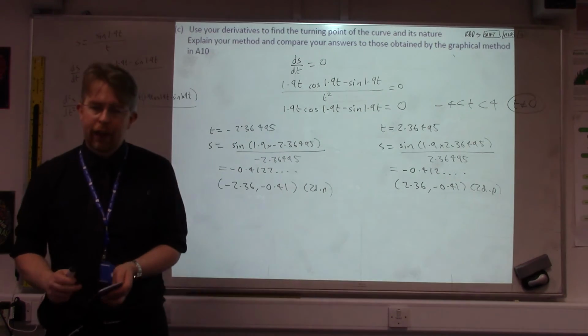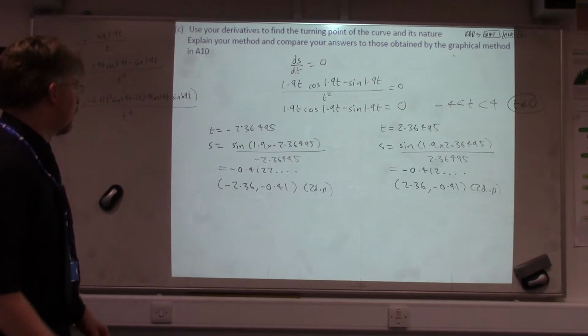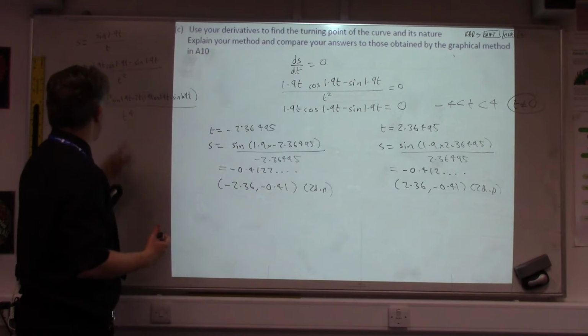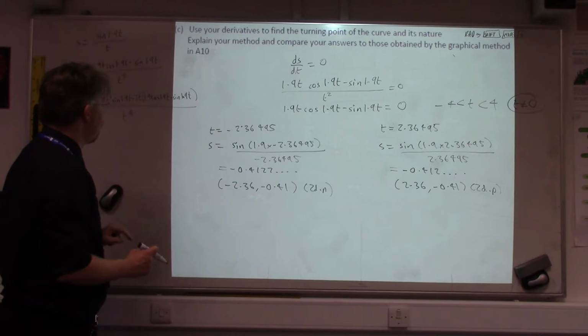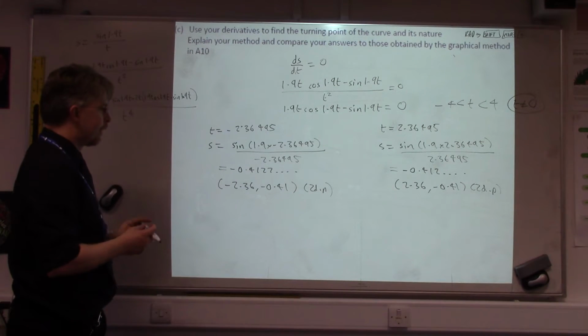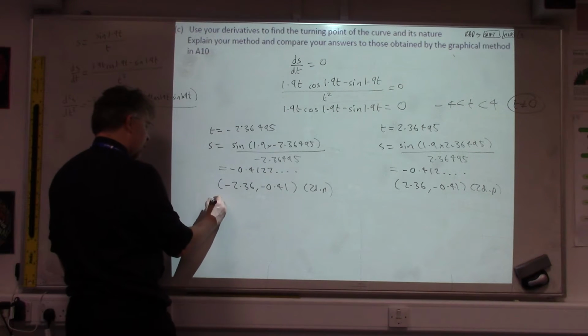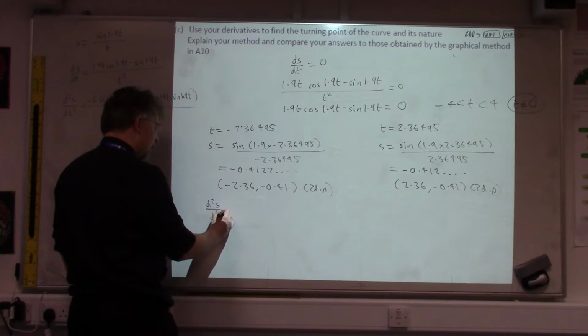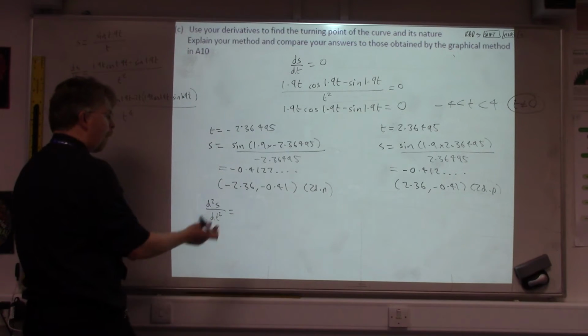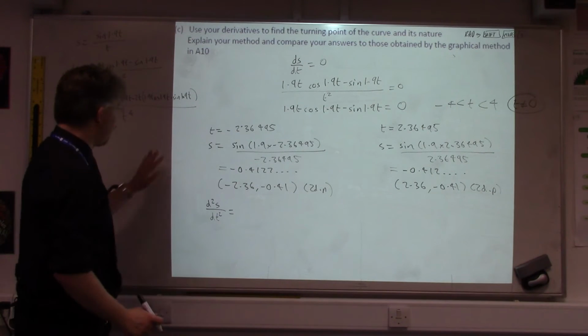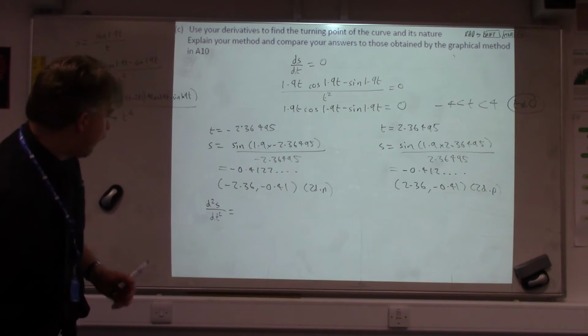Now we have to identify if they're maximums or minimums. So we need the second derivative, which is this horrible equation here. d2s over dt squared equals, and we need to stick that value in. I'm not going to write it all out because it's going to be horrendous to do so.